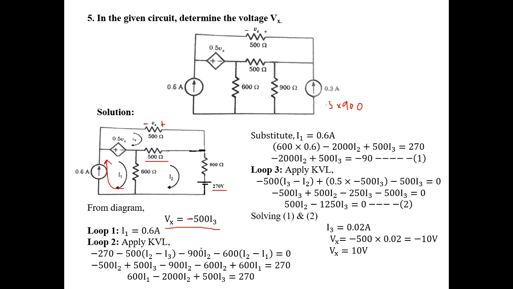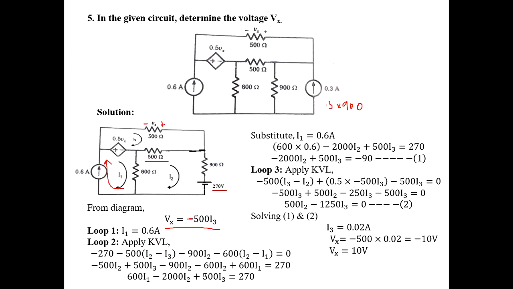Then minus 900 into I2, minus 600 into I2 minus I1, which is equal to 0. Then splitting the terms, we got the equation 600 I1 minus 2000 I2 plus 500 I3 equal to 270.